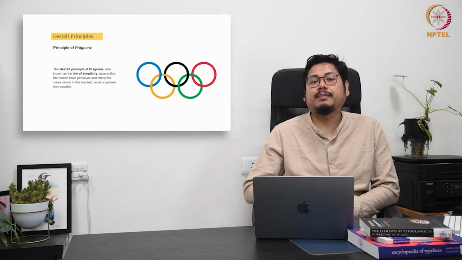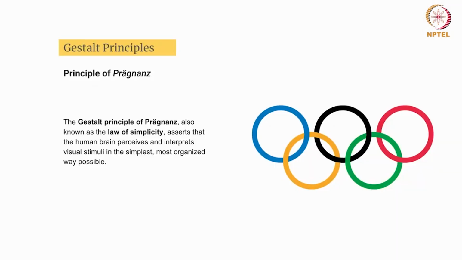So what I mean by that is, in this Olympic logo, our brain has easily understood that these circles are interlocked with each other. But if you consider the overall idea in a 2D space, you can see how the yellow circle is cut down with the blue.